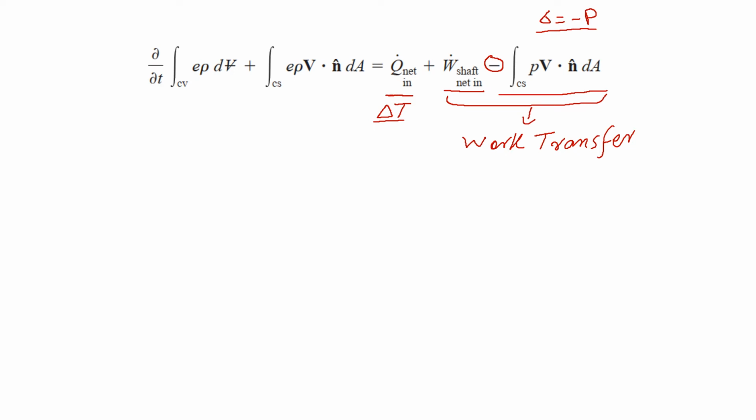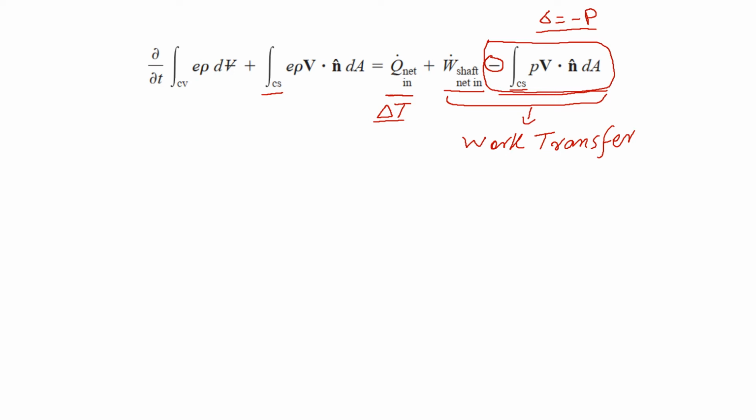So now we have a control surface integral on the right hand side and a control surface integral on the left hand side. So what we will do, we will move this term to the left and see what happens.